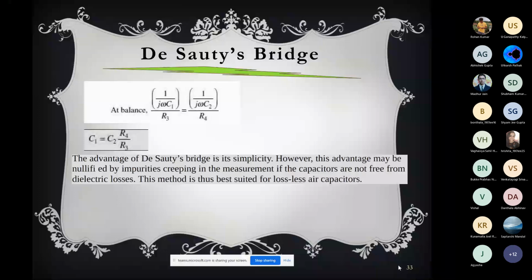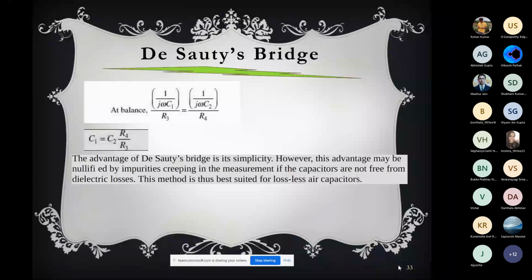The advantage of the D30 bridge is its simplicity. It's a very simple bridge. However, this advantage may be nullified by impurities creeping into the measurement. That means if the capacitors are associated with dielectric loss, meaning tan delta, this method is not suited.